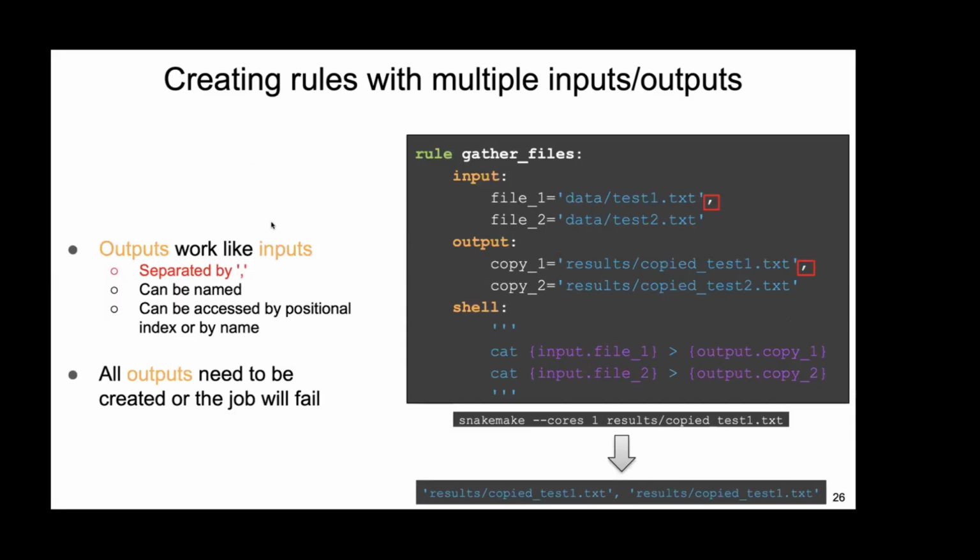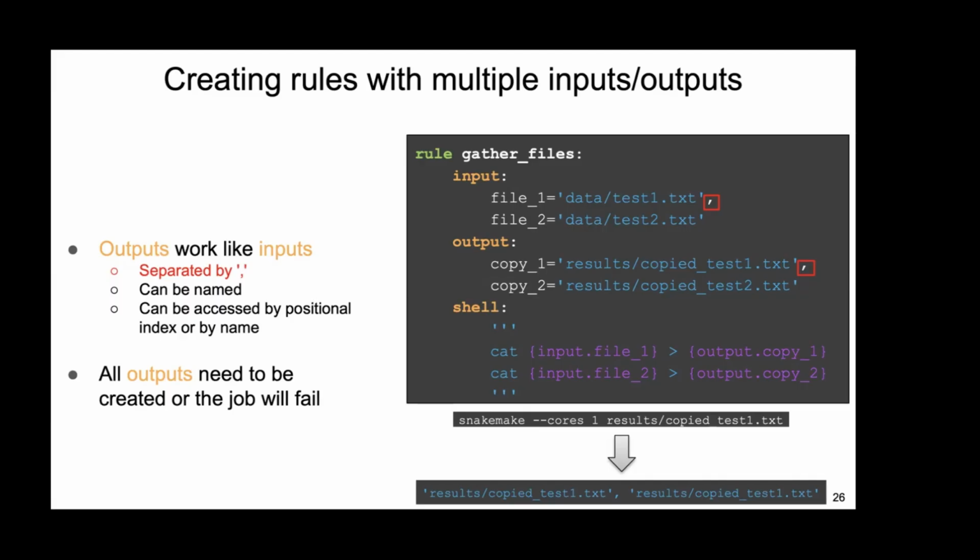The exact same thing that I've explained for the inputs applies to the outputs. You can have multiple outputs. They have to be separated by a comma once again. They can be named. They can be accessed through the positional indexing. However, there is one special thing, and it is that because of how Snakemake works, once you have multiple outputs, Snakemake expects all of those to be created at the end of the rule, or it will fail.